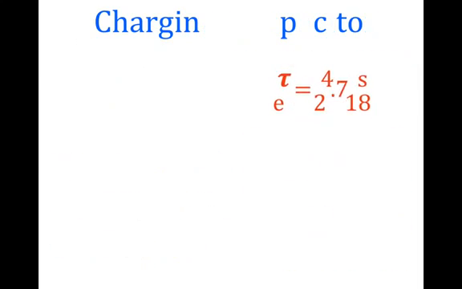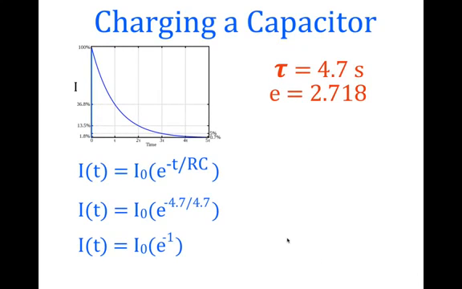Now we can do the same thing for the current. The current is decreasing, so for one time constant, which is 4.7 seconds, it's the maximum times e raised to the power of minus 1, and we end up with the current being 36.8% of the maximum.